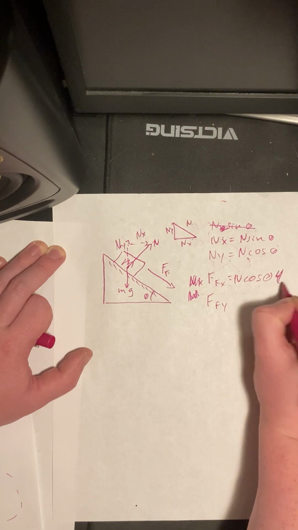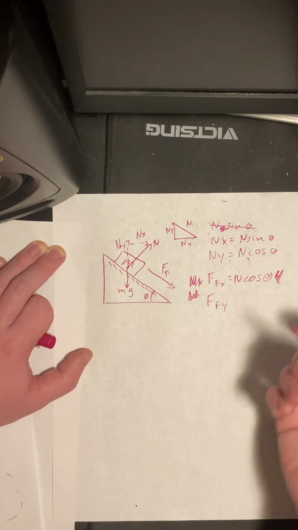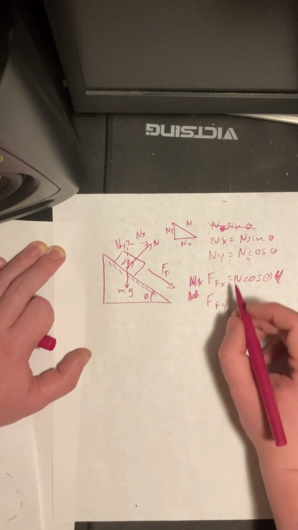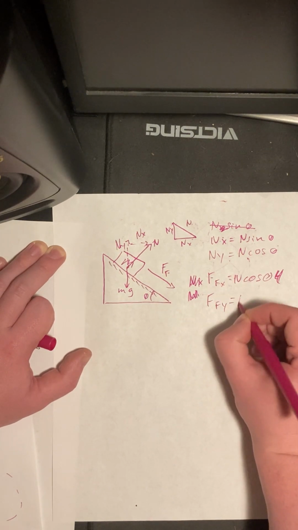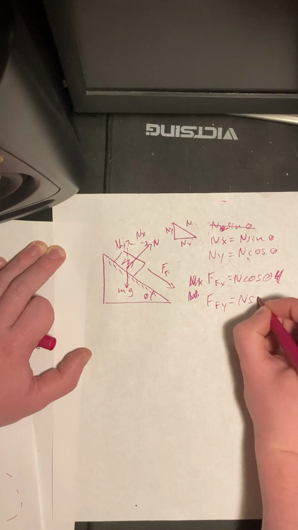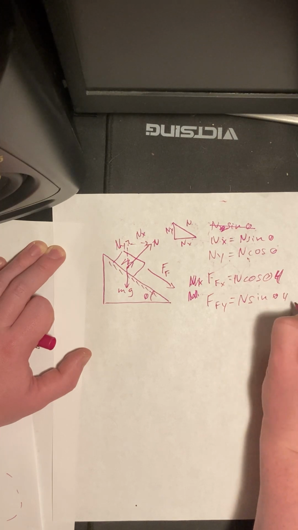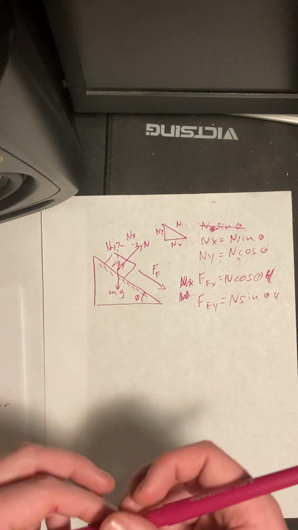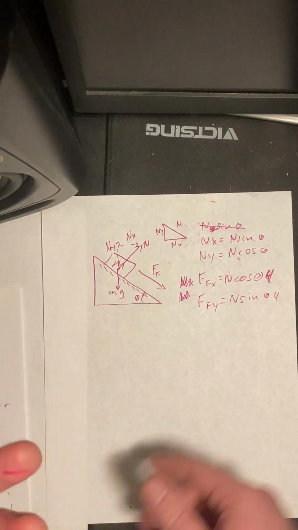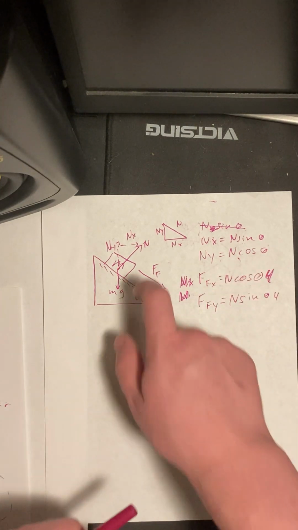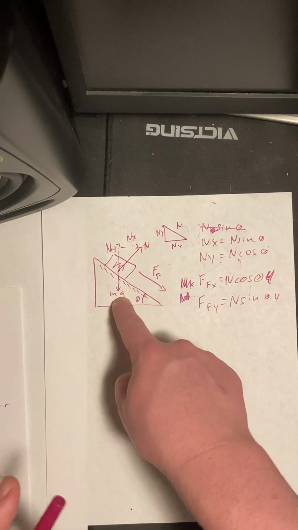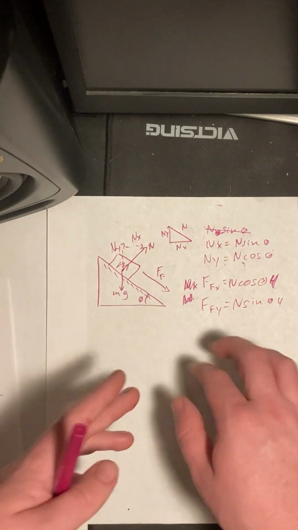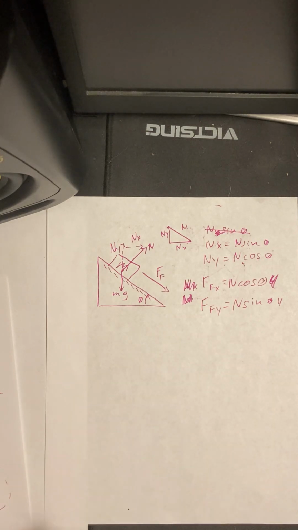And then friction force of y is equal to n sine theta mu. That's awesome. So now we have the forces in this section. We've got mg, our gravity. We've got our normal force, the opposite of gravity. And we have our friction.